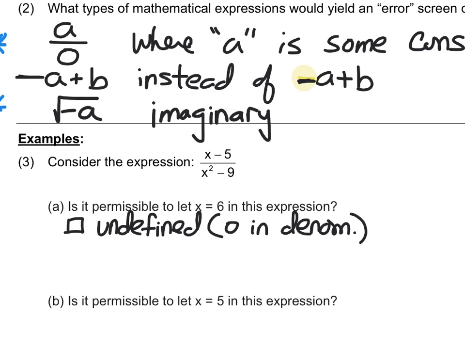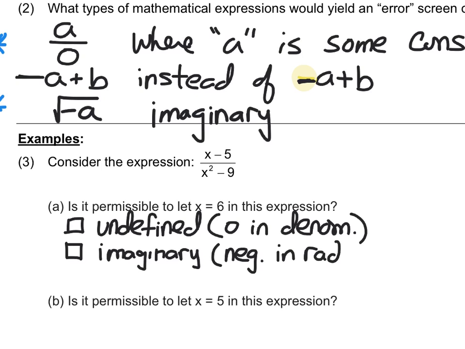I'll abbreviate denominator as denom. Imaginary: negative in radical.